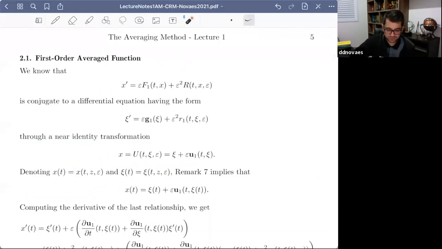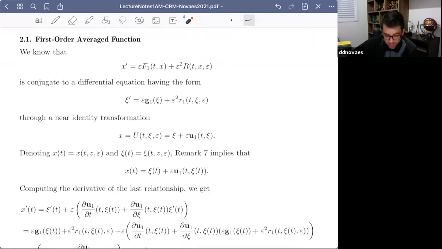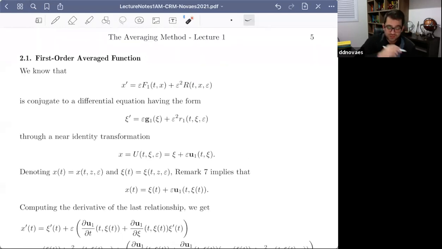So how can we obtain the first order average function? We're going to call this the first order average function, and it's going to be clear enough. By the previous theorems, we know that this difference equation is conjugated to this difference equation through this change of coordinates, this transformation, change of variables.